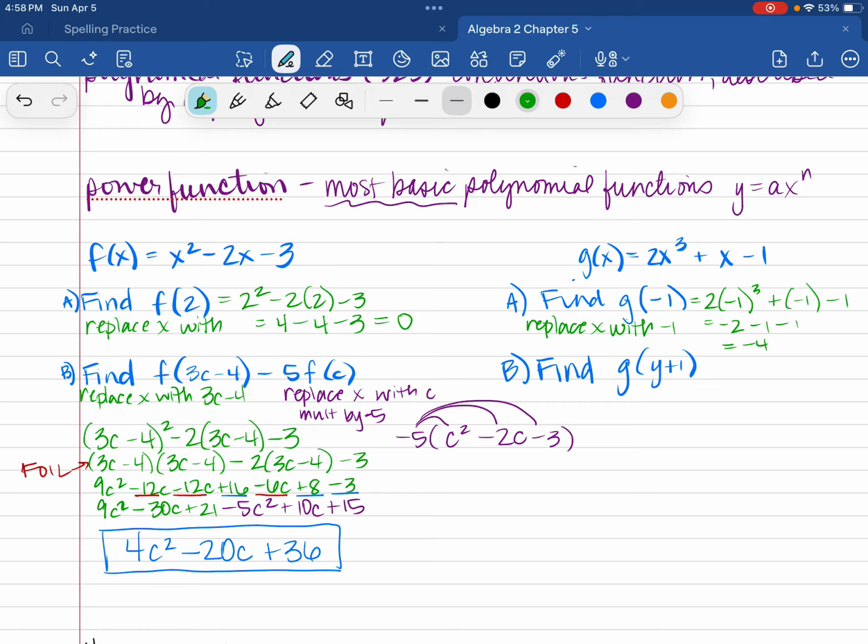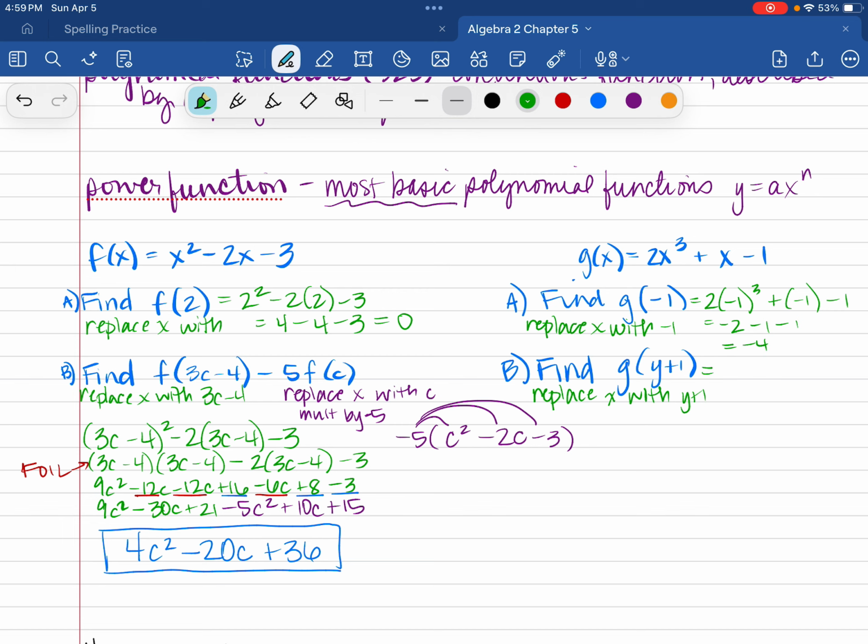So when you're doing f of a number or g of a number, you're going to get a number for an answer. If you have variables in there that you're plugging in, then you're going to get another expression for an answer. On B, we are going to replace x with y plus 1.